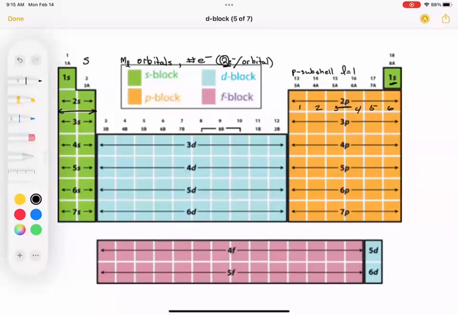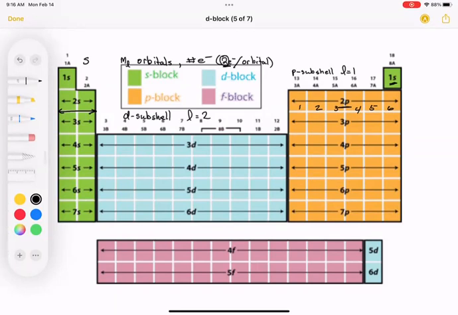Your D subshell has an L of 2. So how many m sub Ls are possible?